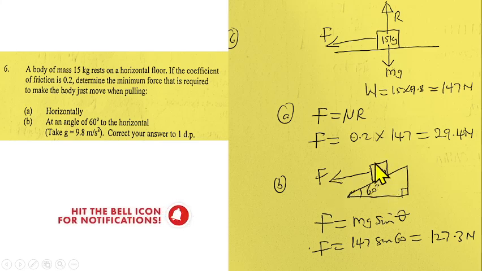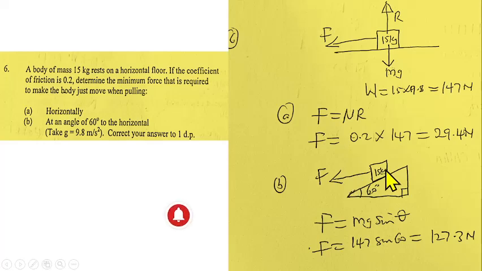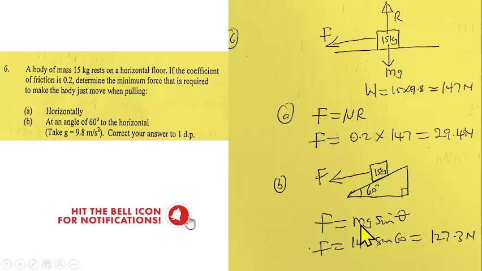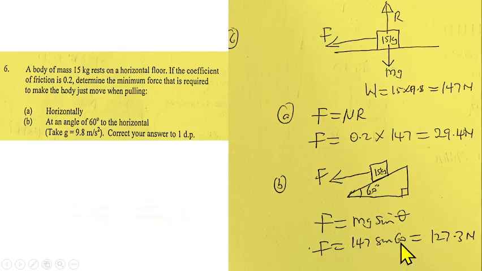But we are looking for the force that can pull this object down. That is along the plane, and the force along it is mg sine theta, where mg is the weight we have gotten here, and theta is the inclined angle. So we have 147 sine 60, and that should give us 127.3 Newton as the solution to that question.